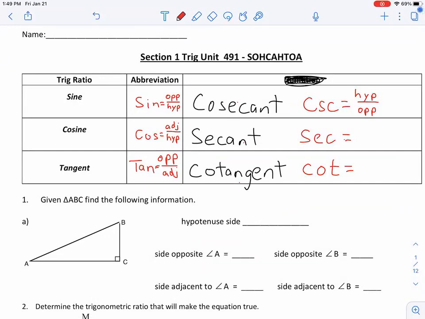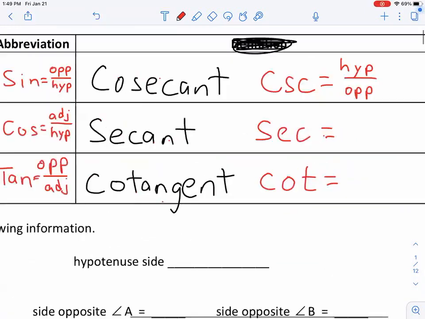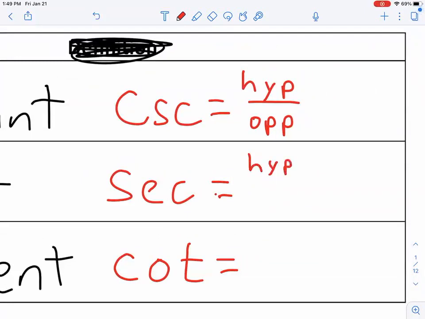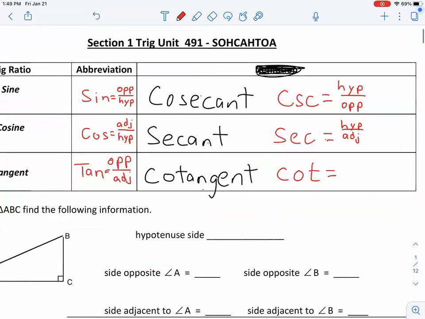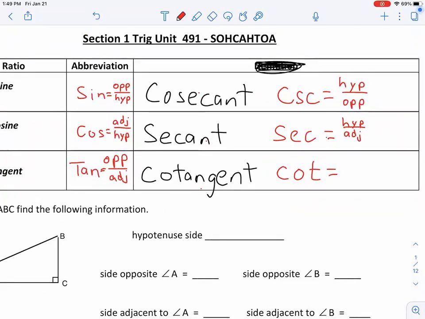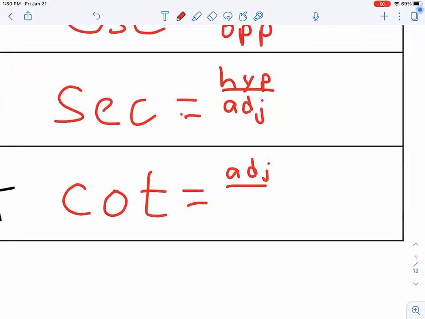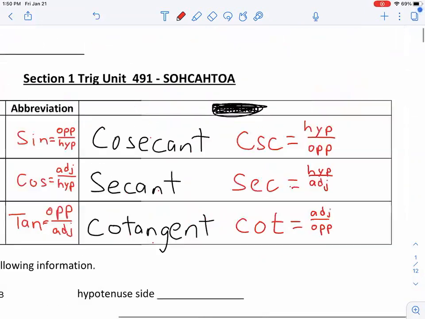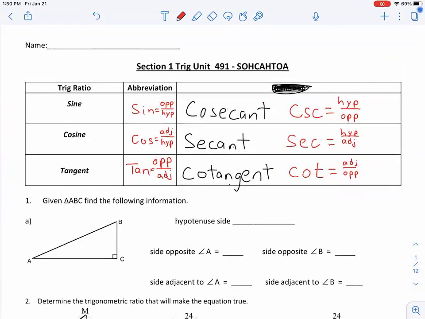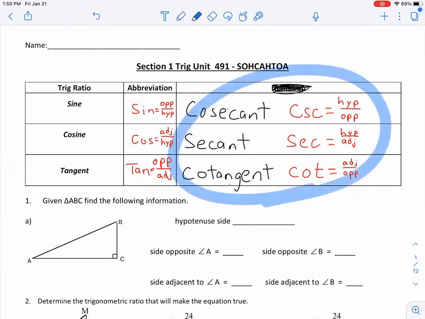Similarly, the secant is the cosine flipped over, so the secant is the hypotenuse over the adjacent. And the cotangent, of course, is the tangent flipped over, so that's the adjacent over the opposite. Those three on the right, just because they are the original ones flipped over, are called reciprocal functions.